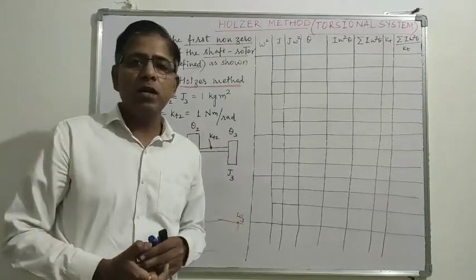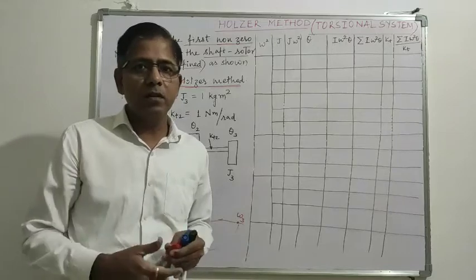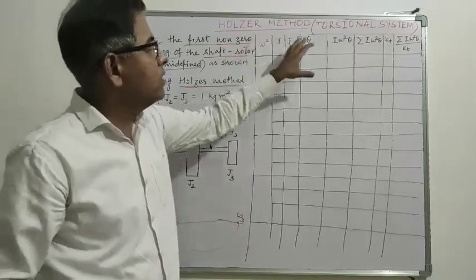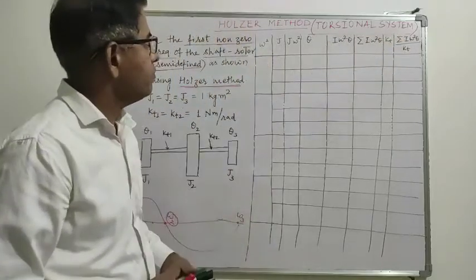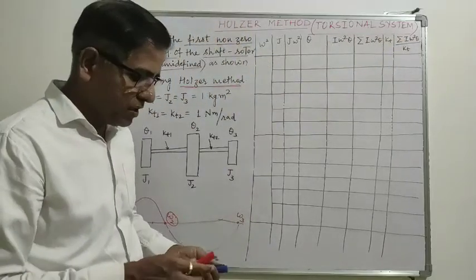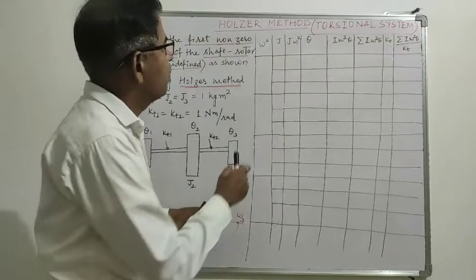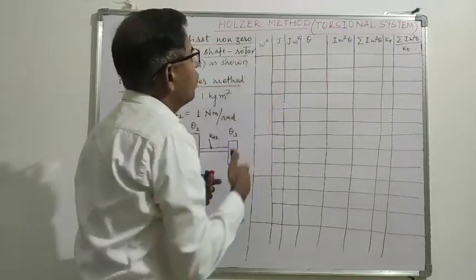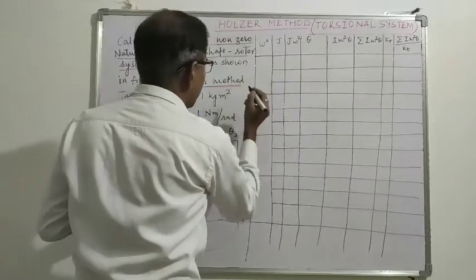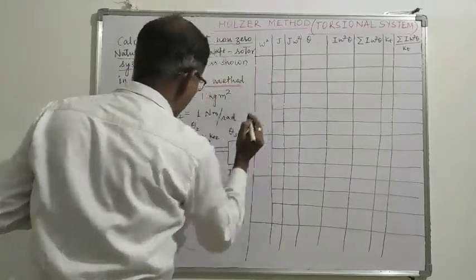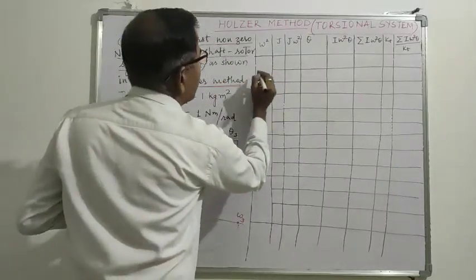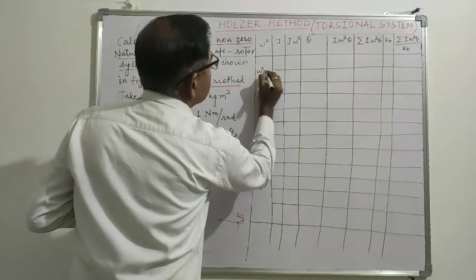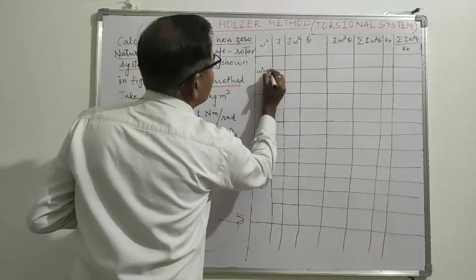As we know the Holzer method is an iterative method, so I have plotted this table. In the first step we need to assume the value of omega and find the value of omega square. Initially we assume omega square as 0.2.